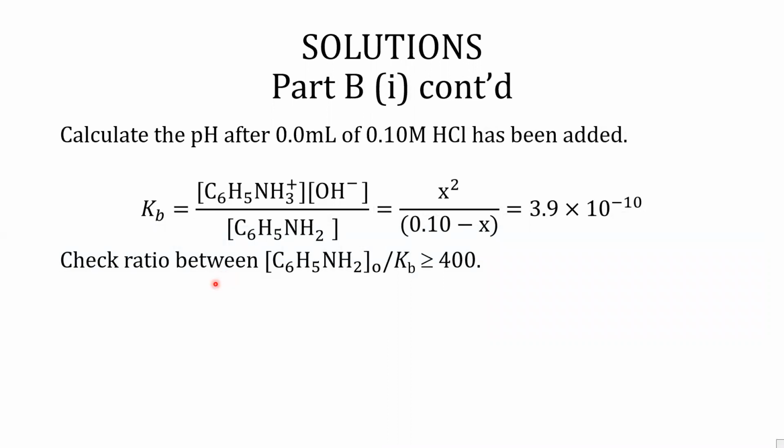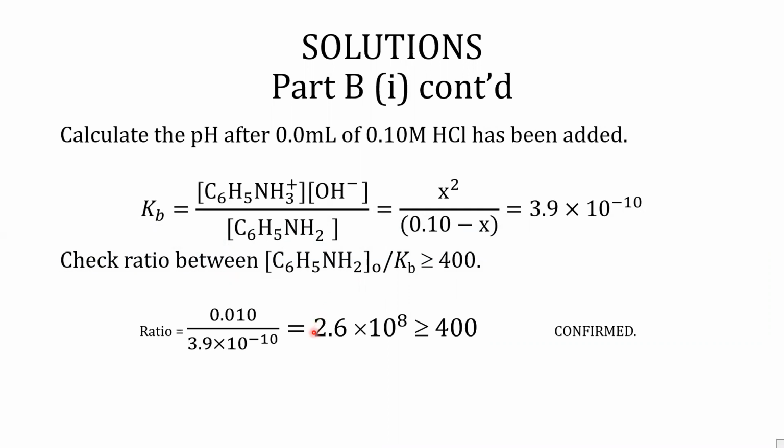To determine if X is small enough to ignore, we take the ratio between aniline's initial concentration and Kb to determine if it is greater than or equal to 400. The ratio equals 2.6 times 10 to the 8, which is greater than or equal to 400. So the assumption that X is small is confirmed.